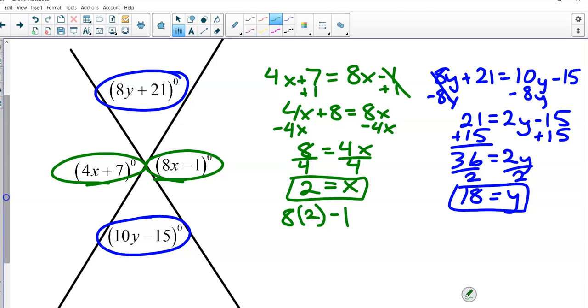So that angle would be 15 degrees. Obviously it doesn't look like a 15-degree angle, but if you needed to plug numbers back in, just remember what the question is asking for. Does it want you to solve for x and y, or does it want you to give the measure of an angle? So pay attention to that.